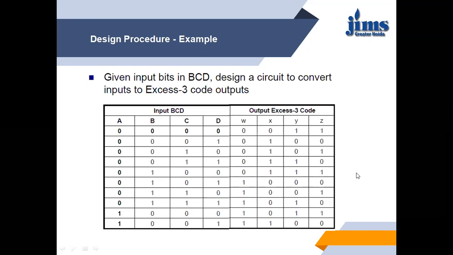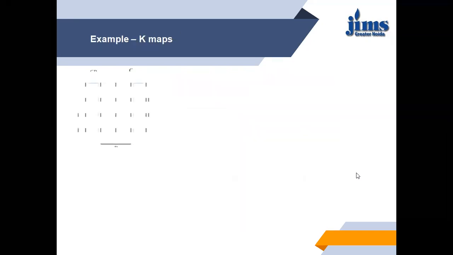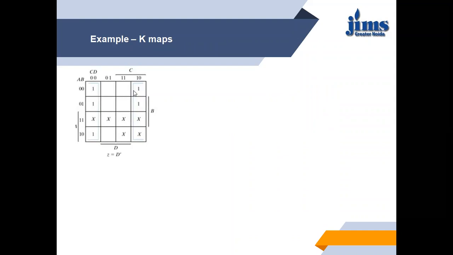So we have to plot it in the K-map: 0, 2, 4, 6, 8. These are the 5 ones of the SOP. And we have 10, 11, 12, 13, 14, 15. These are the don't care conditions.